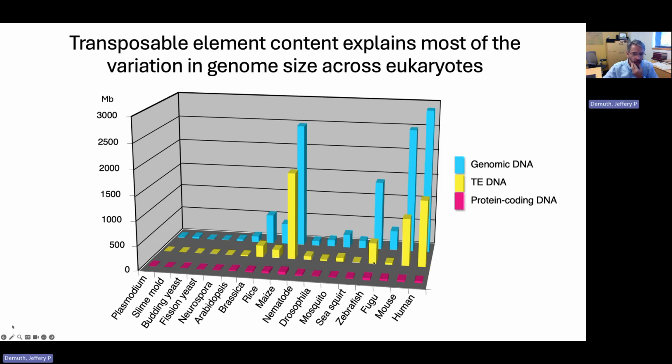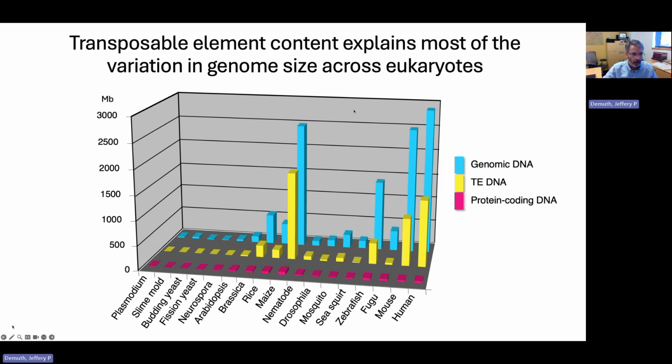So the first thing that really got me interested in transposable elements, because I've for a long time been interested in genome architecture, was this slide. What it's showing, in the blue bars in the background, is the total size of each of these genomes in base pairs.